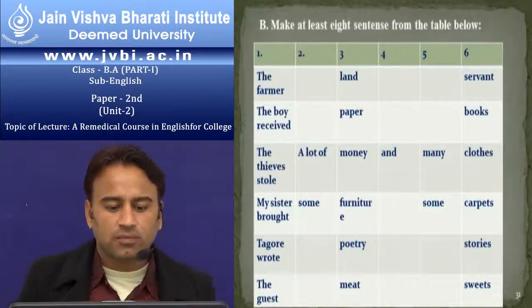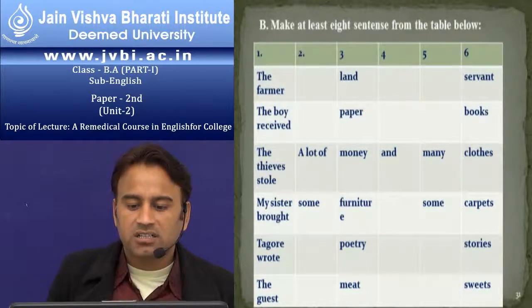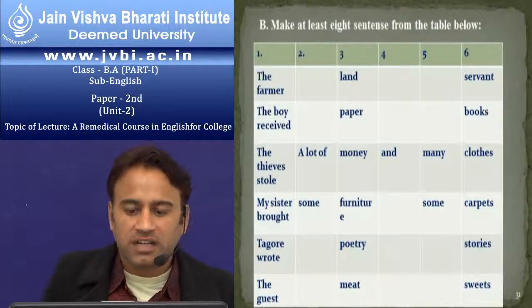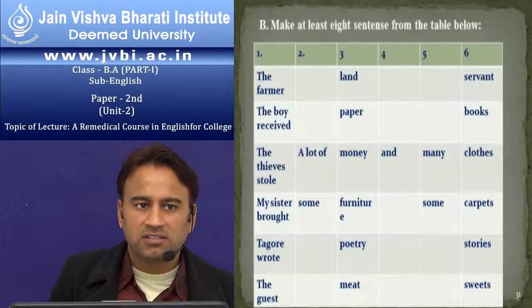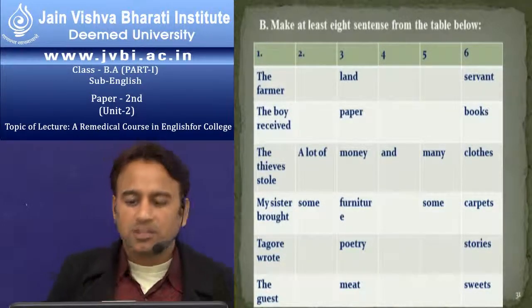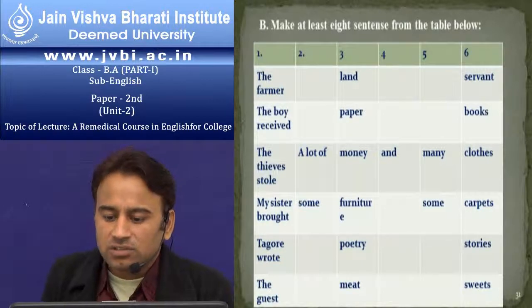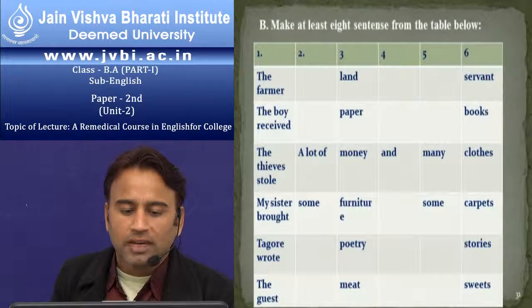These are the subject and the verb, and a lot of and some are the determiners, and then the object, and in fourth number there is a conjunction which should be applied on all the 8 sentences, and there are many and some. These are also determiners, and servants, books, clothes, carpets, furniture, and sweets are the objects.